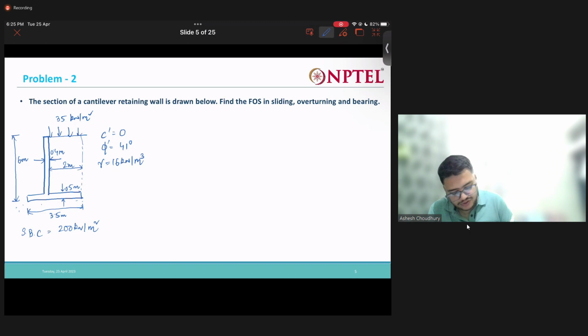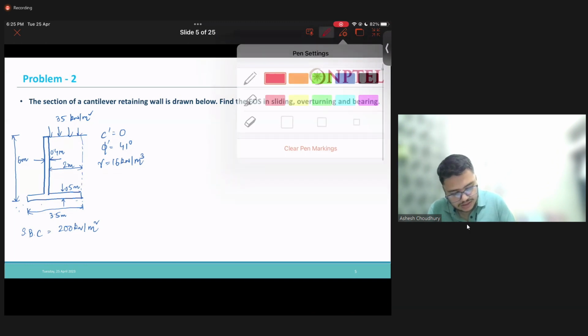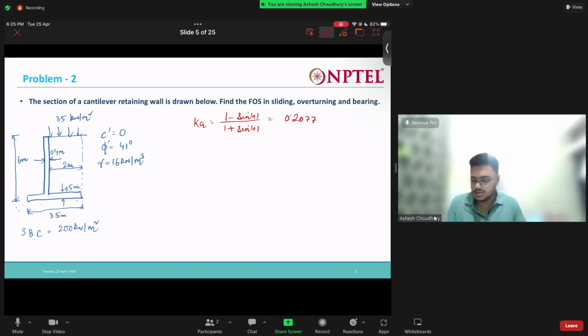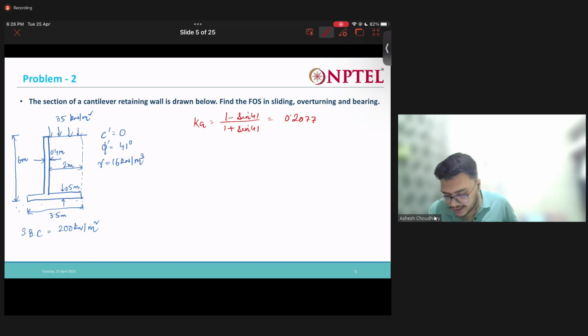So first for phi equal to 41 degrees, what is our Ka? Nothing but 0.2077. Okay, so this is our phi dash Ka value, right?